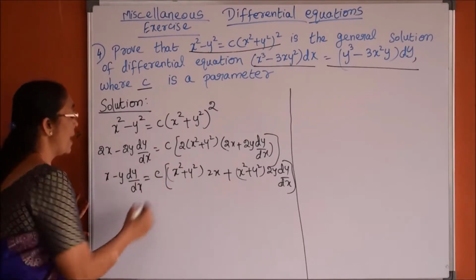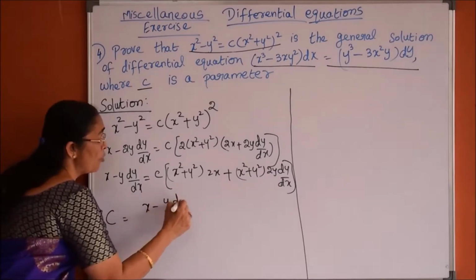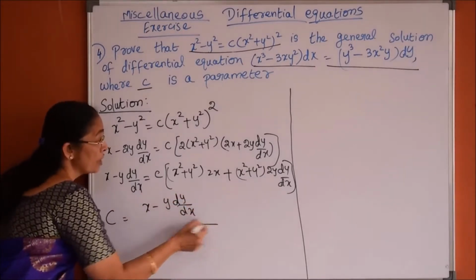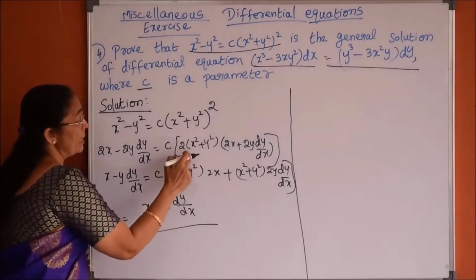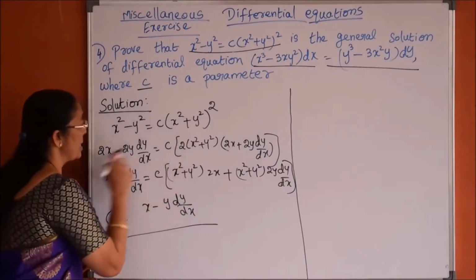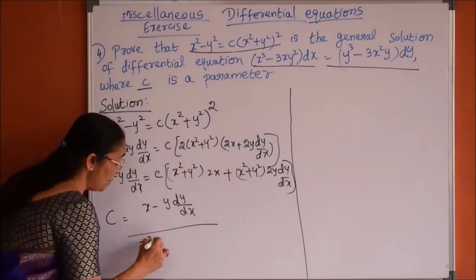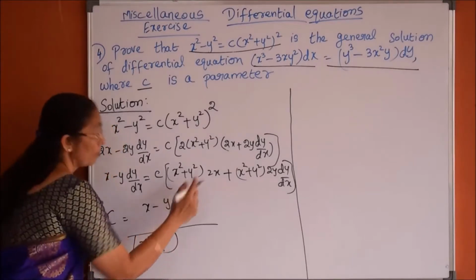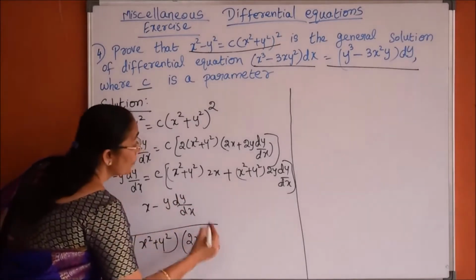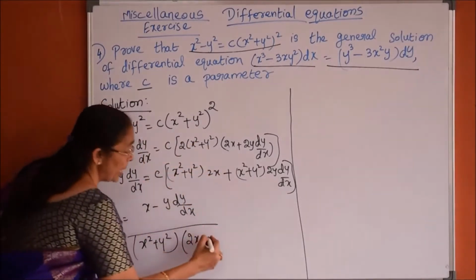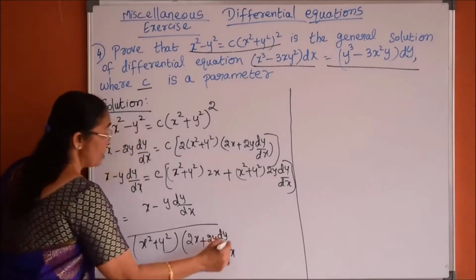From this our c value is, c is equal to (x minus y) dy by dx divided by, okay, this grouping we will do afterwards. Let me take this step only first. So, c is equal to (x minus y) dy by dx into (x square plus y square) of 2x plus 2y dy by dx. This is our c value.